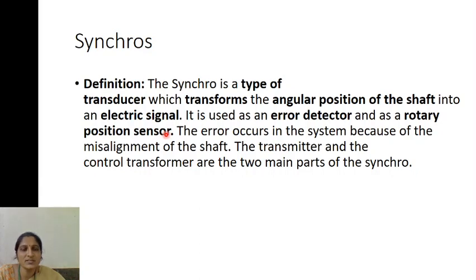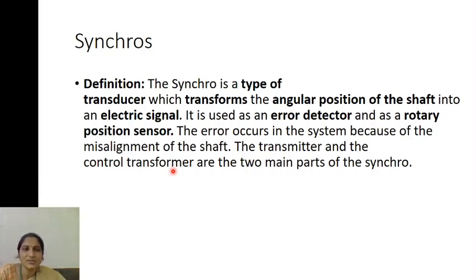So the uses of synchros are that you can measure the error as well as the rotor position. The error occurs in the system because of the misalignment of the shaft, and that error can be calculated by using the synchros. For error detection, you need to use a transmitter as well as a control transformer in the synchro.